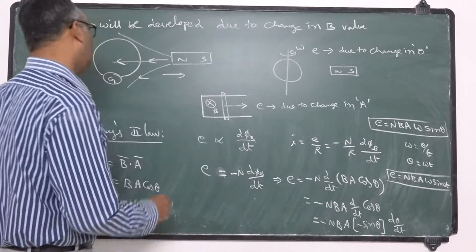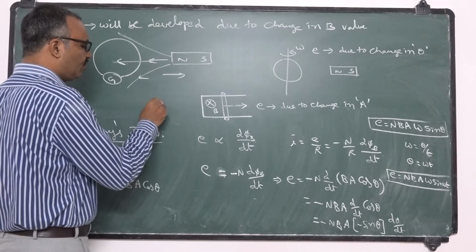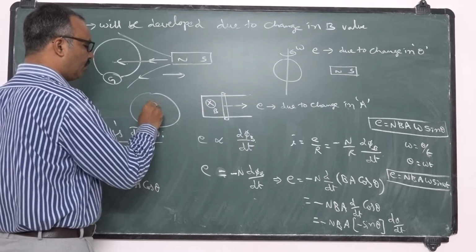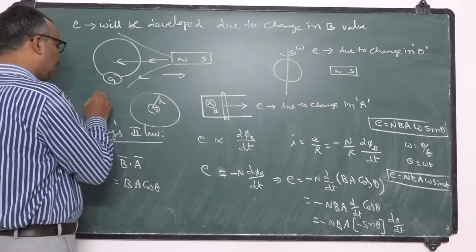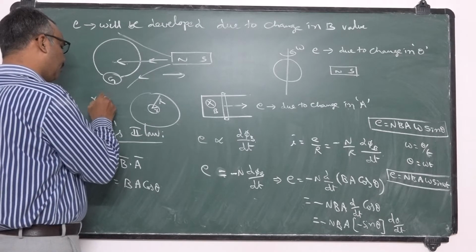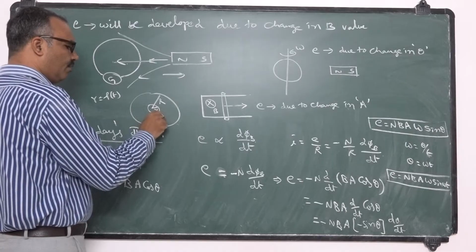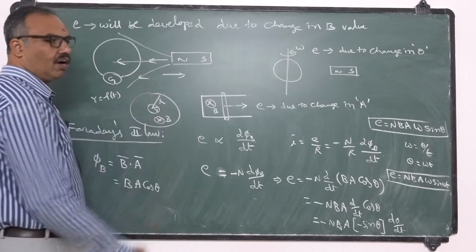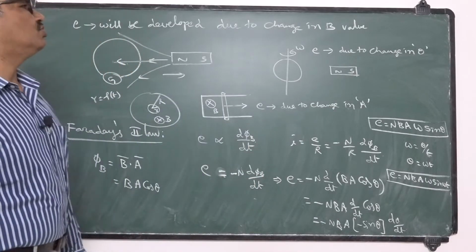Sometimes you may take a wire loop whose radius is changing with respect to time. After some time the radius becomes larger. So here the radius is a function of time. If the magnetic field is provided with constant magnitude, you will get the development of induced EMF.